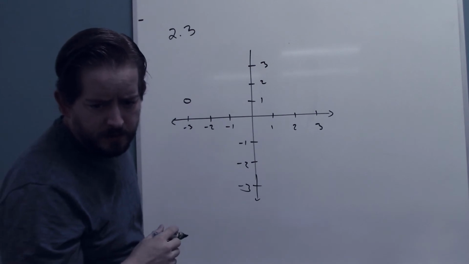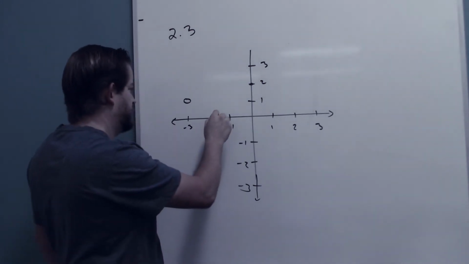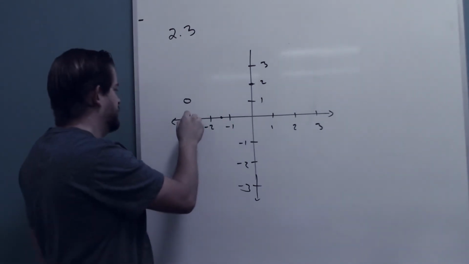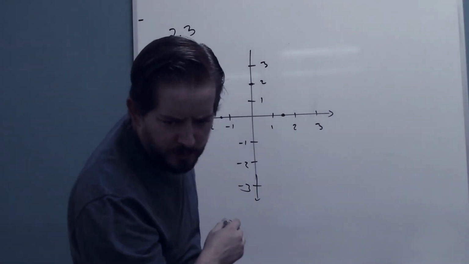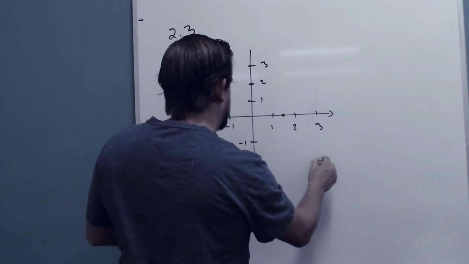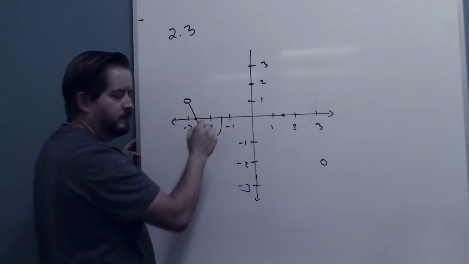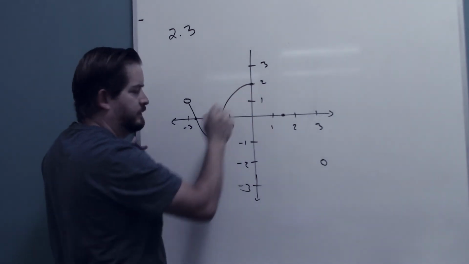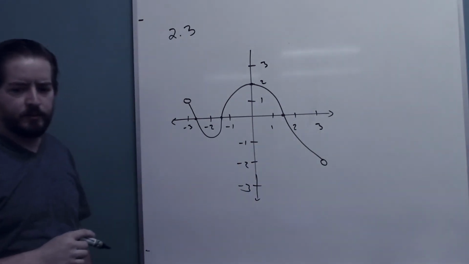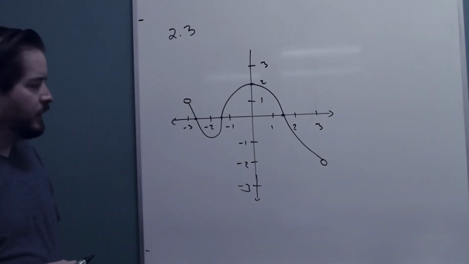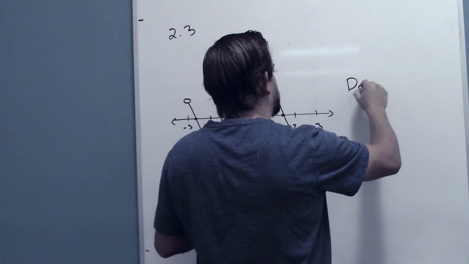And then it goes down, it touches up here, somewhere right here. And then I have another open at 3, -2. All right, I'll do my best with this. Might not be great, but it's good enough. The question here is find the domain and the range of the function. We can do that based on what I have drawn.